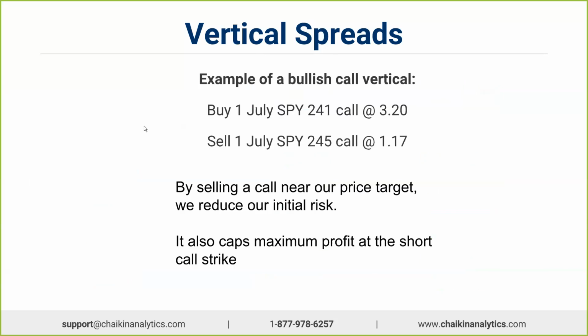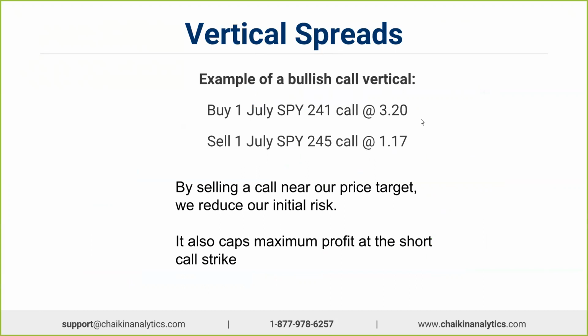Let's go look at an example of a vertical call spread. In this case, we're looking at buying July's 241 call. We're going to pay $320 for that because we're buying it.